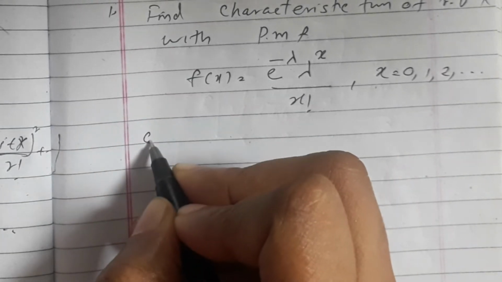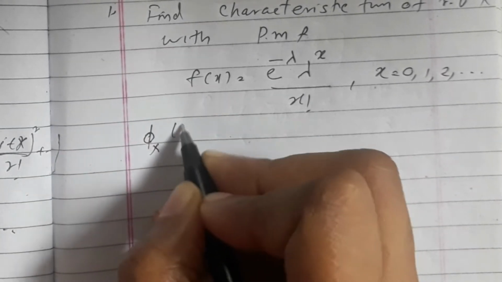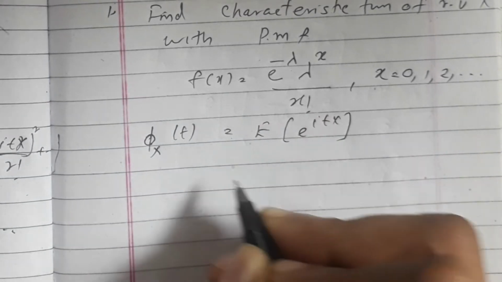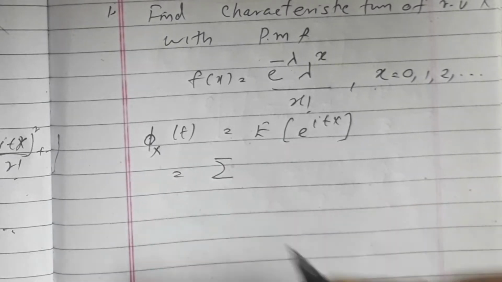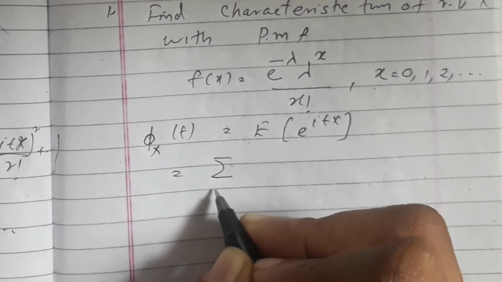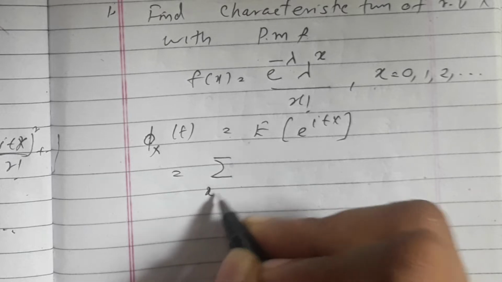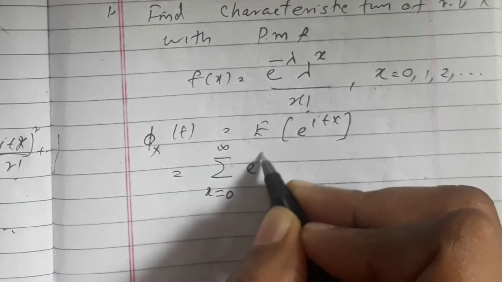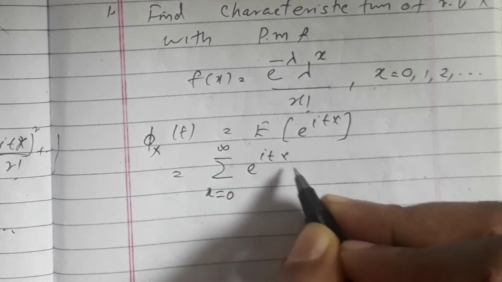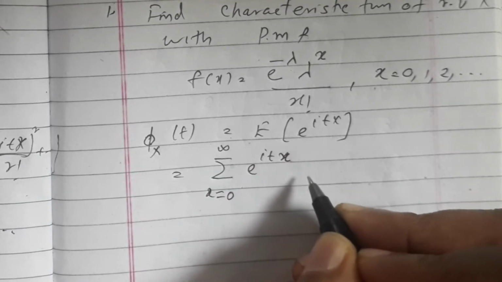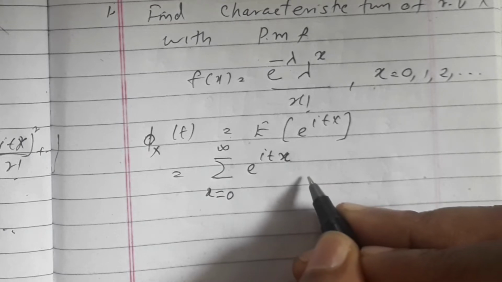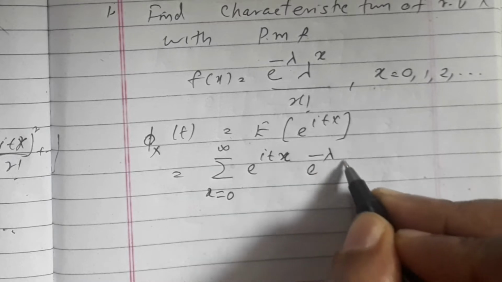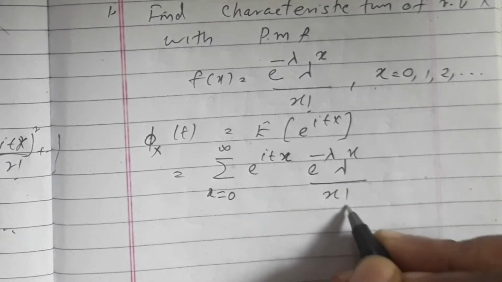Then by definition, phi x of t is equal to expectation of e raised to I t x. So, it's a discrete distribution, so summation over x is equal to 0 to infinity e raised to I t x, here probability mass function is e raised to minus lambda lambda raised to x by x factorial.